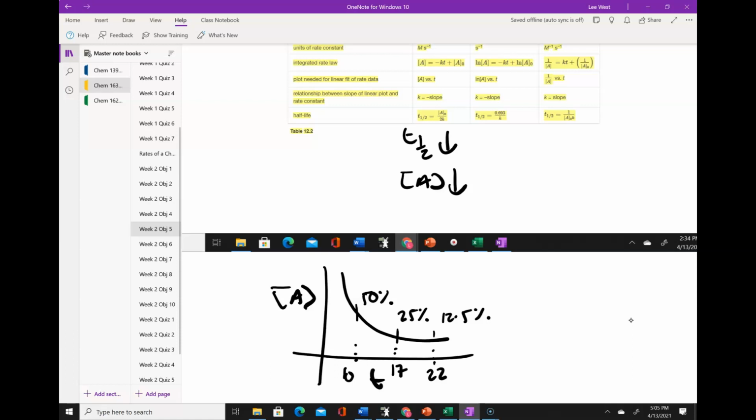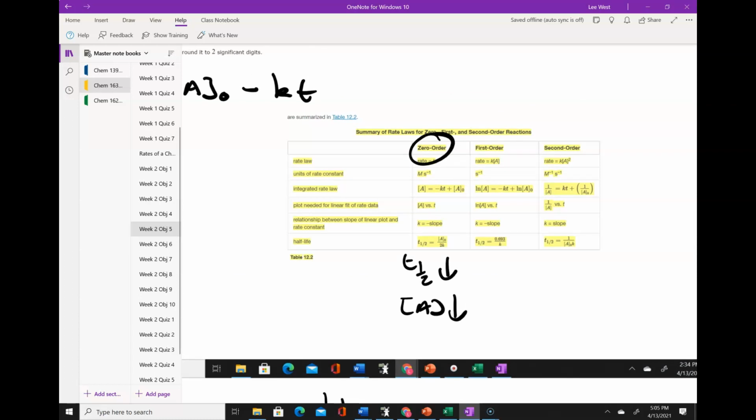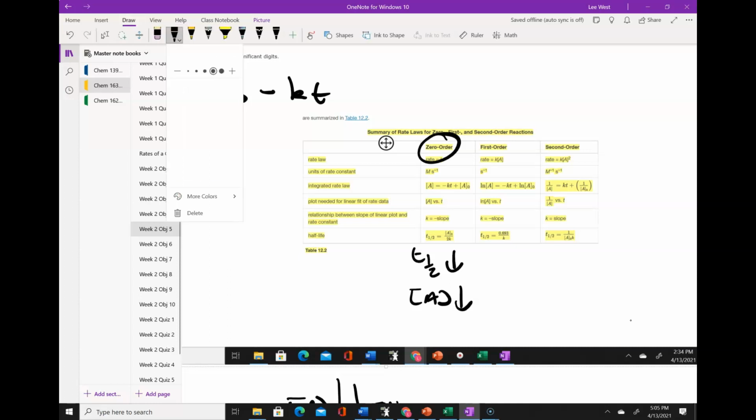So the half-life keeps getting shorter and shorter as the reaction progresses, which is interesting for a zero-order process. Now, for a first-order process, we saw that the half-life is not affected by concentration. There we go. My half-life is not affected by the concentration. So half-life is a constant.